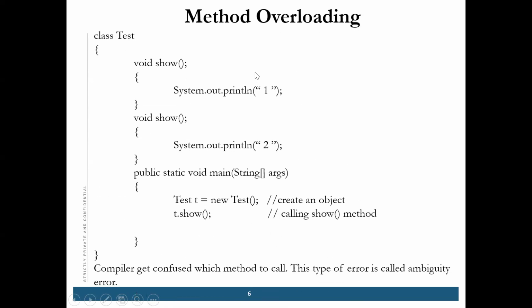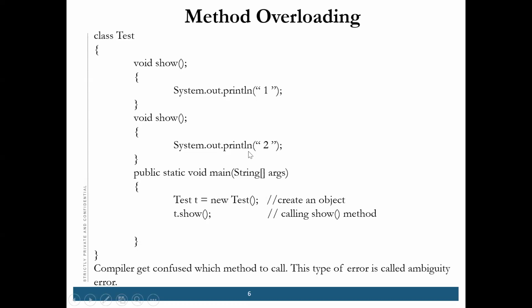Method overloading means suppose you have a class, Test, and you have different methods. So a show method. There is one show method, second show method, and main method. So is this a correct program?